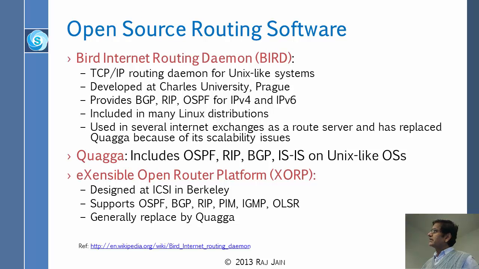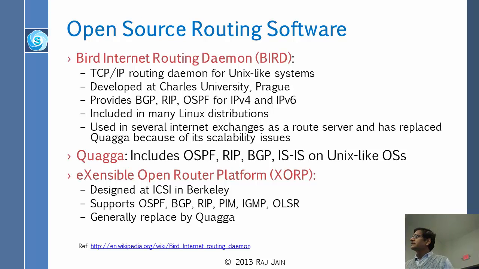It is used in several internet exchanges as a route server, and it has replaced Quagga because of its scalability issues, because Quagga has some scalability issues. Now, this claim is from Bird by themselves, so I cannot independently verify that this is really happening. But Quagga is very famous, as I said. I read about Quagga everywhere, and then I read about Bird, and it says that it is replacing it. So I put that first.